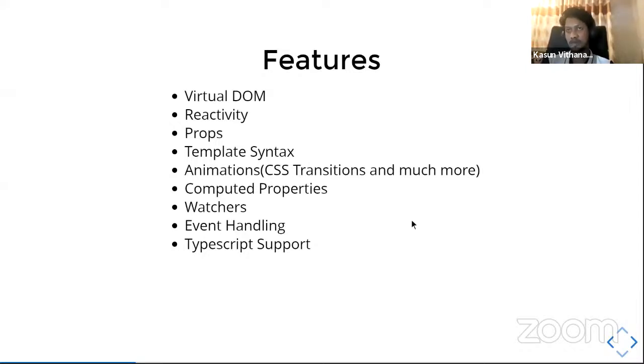So Vue.js also supports this. And it has a functional API, and also the composition API, which is the new one. But I won't be talking about TypeScript support or functional API or composition API in this session. It is a bit advanced. I'm not going for advanced stuff today.